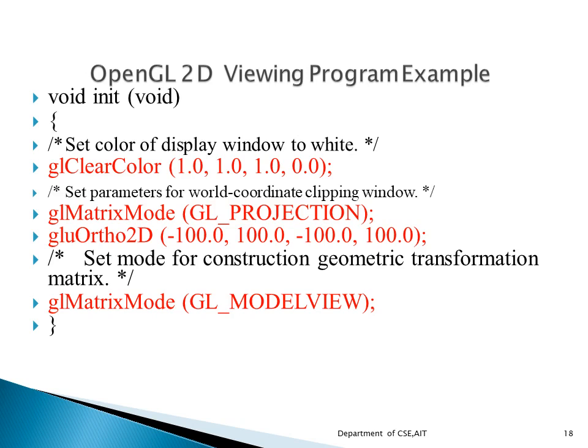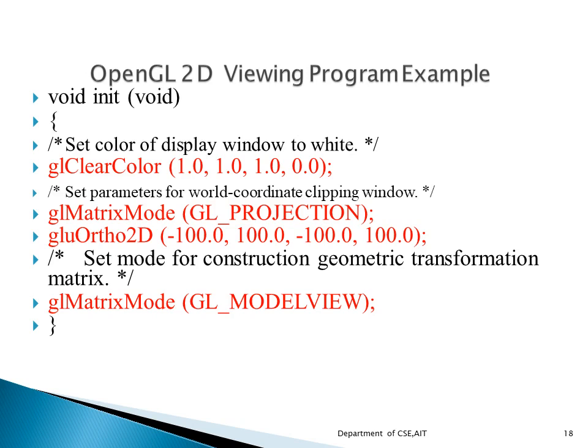So the background color is set as white, and then the default matrix mode is set as GL projection. Then by using gluOrtho2D, I am going to mention the 4 parameters: xw min, xw max, yw min and yw max, the coordinate positions for the clipping window boundaries.